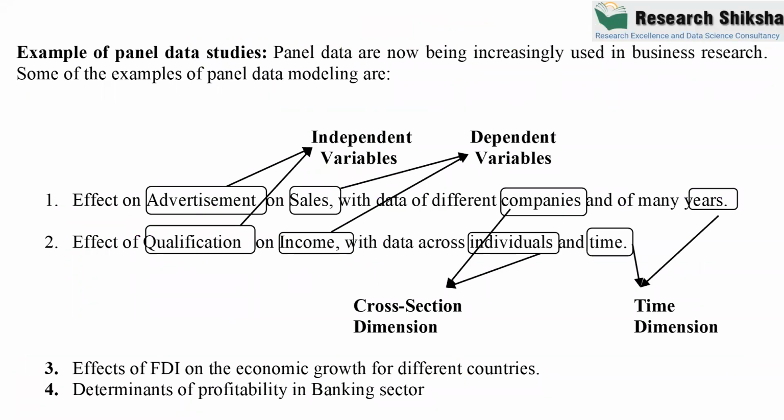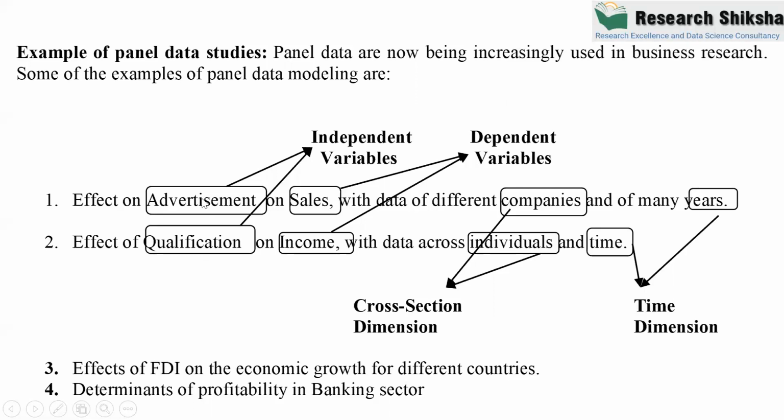This is one of the examples to show how panel data works. For example, if you want to analyze the effect of advertisement on sales, advertisement is the independent variable, sales is the dependent variable, but we are taking the data of different companies and of many years.